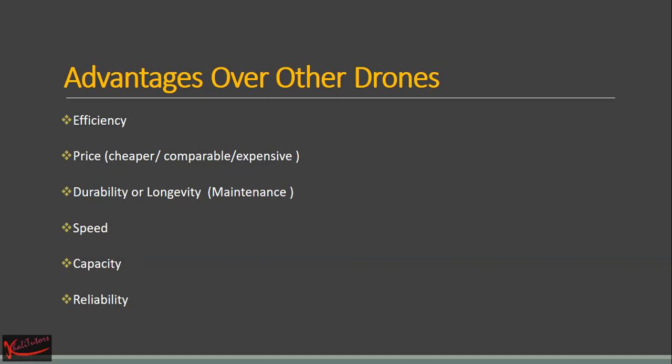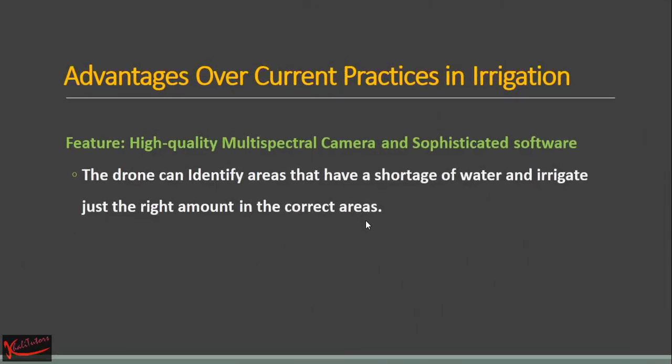But what I'll advise, let me go back to that slide, is to focus on the advantages over current practices. So a simple sentence will read: I have chosen this drone because it uses high quality multispectral cameras and sophisticated software to identify areas that have a shortage of water and irrigate just the right amount in the correct areas.